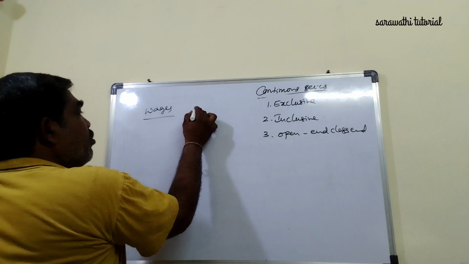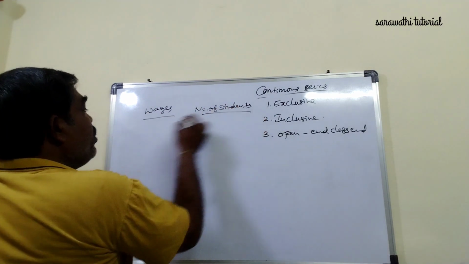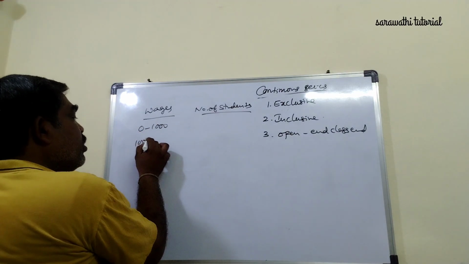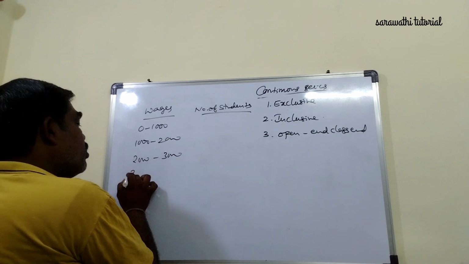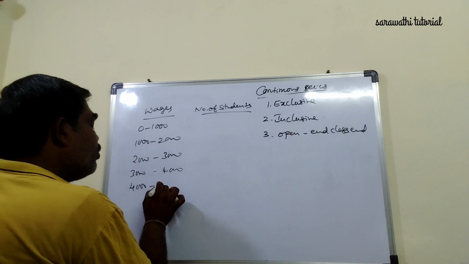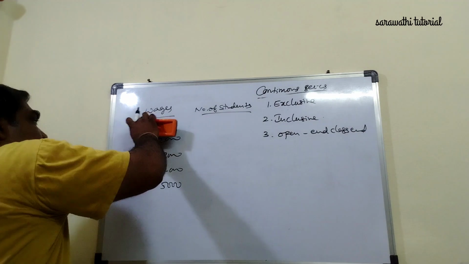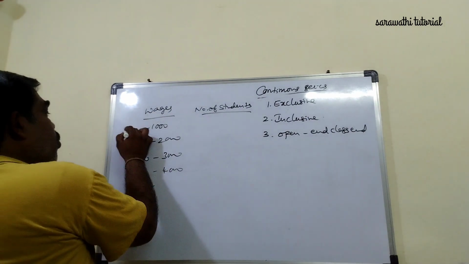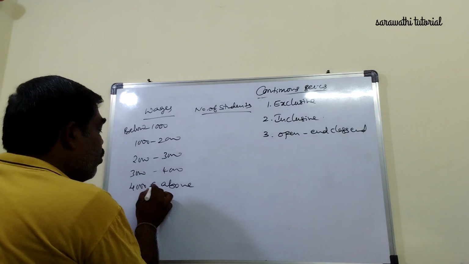For example, if you observe wages and number of students, normally we take 0 to 1000, 1000 to 2000, 2000 to 3000, 3000 to 4000, 4000 and above. This is the exclusive method, where the last class is open.